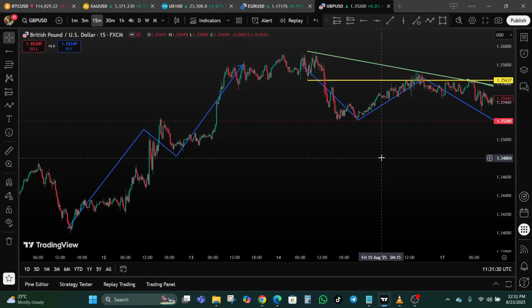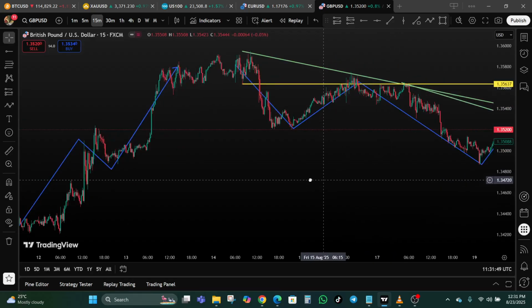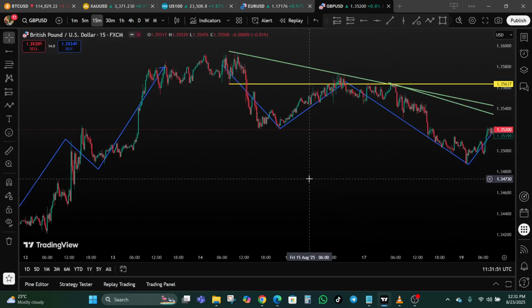Remember, the goal is not to call the top or bottom of every move, but to capture the part of the market where momentum temporarily shifts. By practicing this approach, you will start to see the market differently. Instead of chasing trends at their peak, you will understand when the market is vulnerable to a reversal and be prepared to take advantage of those opportunities.